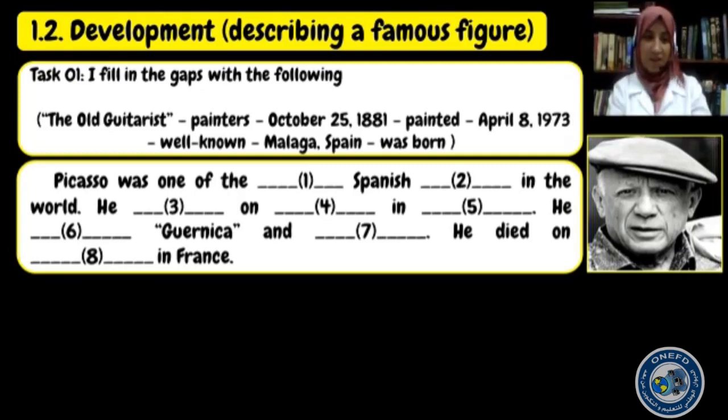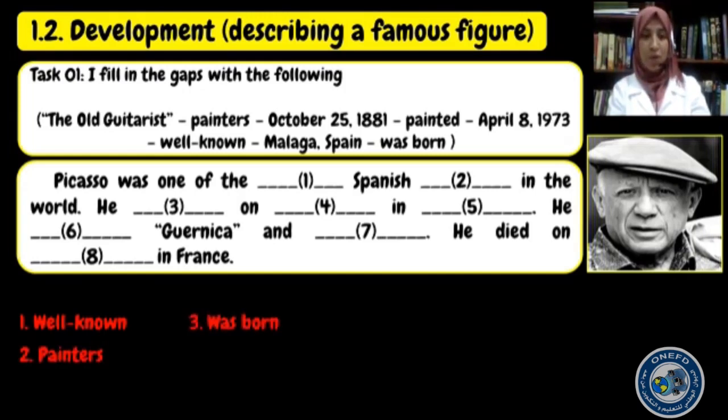Let's look at the correct answers. So Picasso was one of the well-known Spanish painters in the world. He was born on October 25th, 1881 in Malaga, Spain.